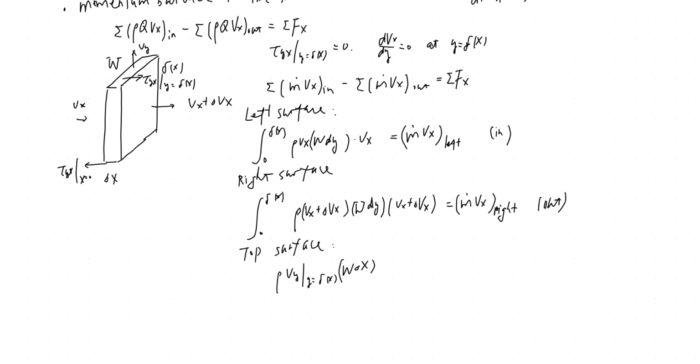M dot multiplied by the velocity of the fluid on the top surface. You may wonder, should we use Vx or Vx plus delta Vx? Since it's on the top surface, we would assume it has the same velocity as the bulk part. So let's just use capital V. So this is the momentum leaving the control volume from the top surface. This is an out term.